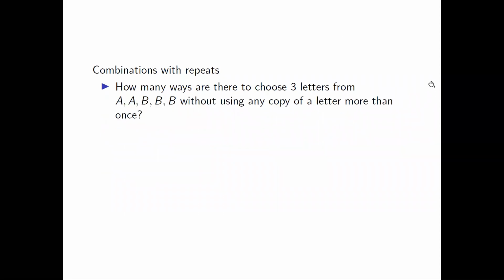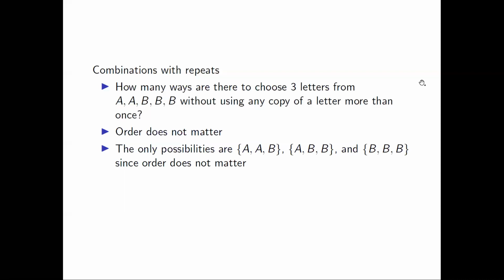Here's another similar kind of problem, a little different on the set. Suppose now our letters are A, A, B, B, B. So we have 2 A's, but we have 3 B's. How many ways are there to choose 3 letters without using any copy of a letter more than once? So we can use letters more than once, we just can't use any copies of letters more than once. Again, the order does not matter. Here, again, we could just list them all out. So the ones that work are AAB, ABB, and BBB.